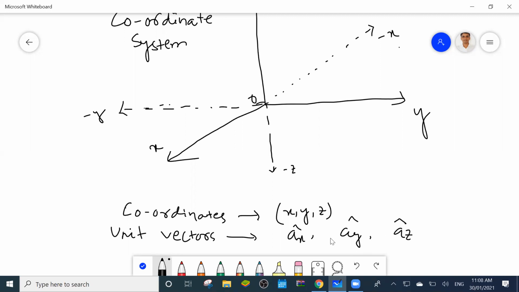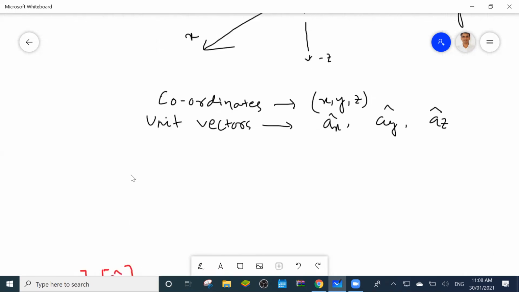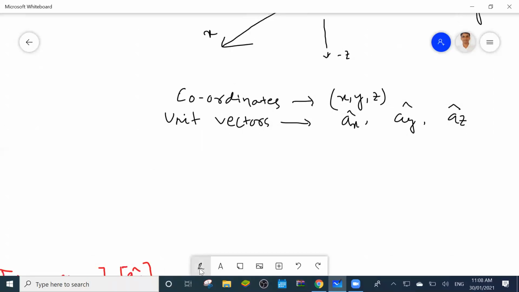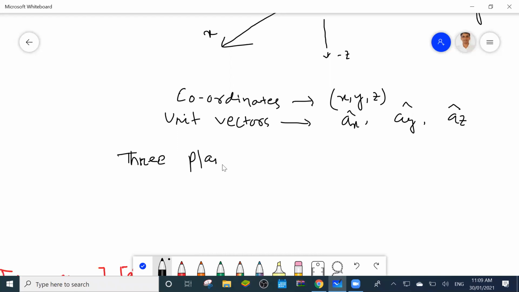So there are three planes here. That is xy plane.